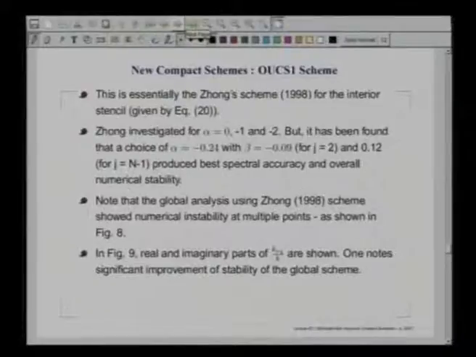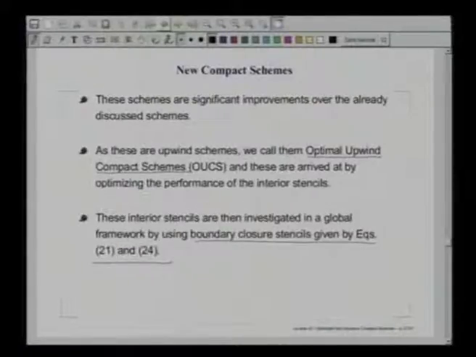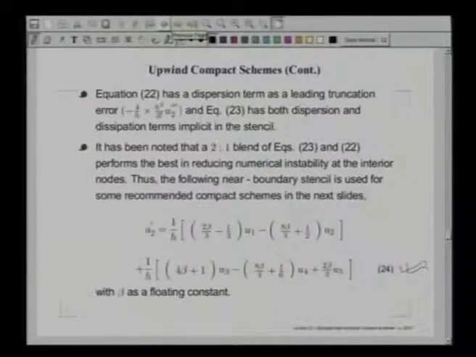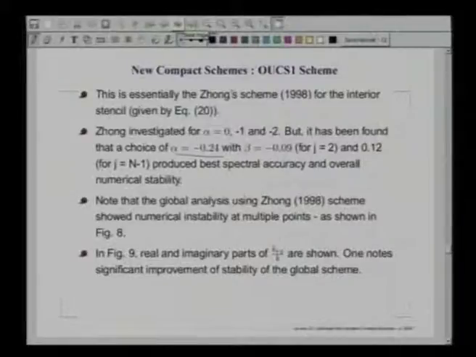What we did was we fixed the value of alpha, and if you recall, for the point 2 we have a floating parameter beta. So, we can choose the value of beta to tune, and that is what we did in fixing this Zhang scheme. We found out that we need to take a value of beta equal to minus 0.09 for j equal to 2 and plus 0.12 for j equal to n minus 1.